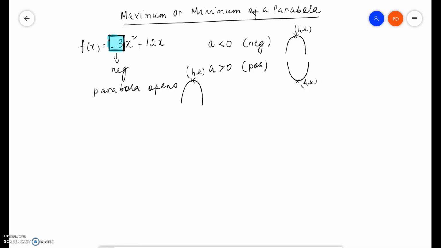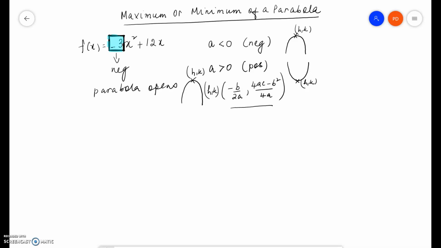We can complete squares and find the vertex of the parabola, or we can use the formula h, k is negative b over 2a, comma, 4ac minus b squared divided by 4a. If we know a, b, and c, we can plug the numbers into this formula to get the coordinates of the vertex. So let's try doing that.